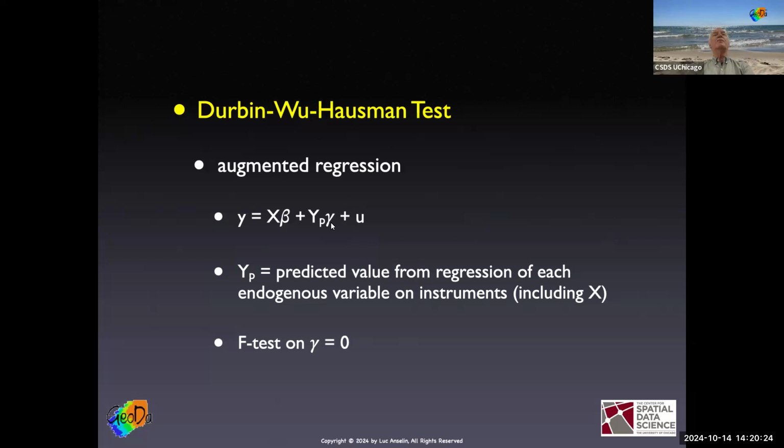But if there's multiple, it's a test on the joint significance of the coefficients, and that's an f-test. Okay. That's very easy to do. You run this auxiliary regression, and then you do the significance test. Okay. So that's, at this point, all I want to say about instrumental variables and two-stage least squares. It is the basis for what I call modern estimation of spatial lag models, and we'll return to that later.